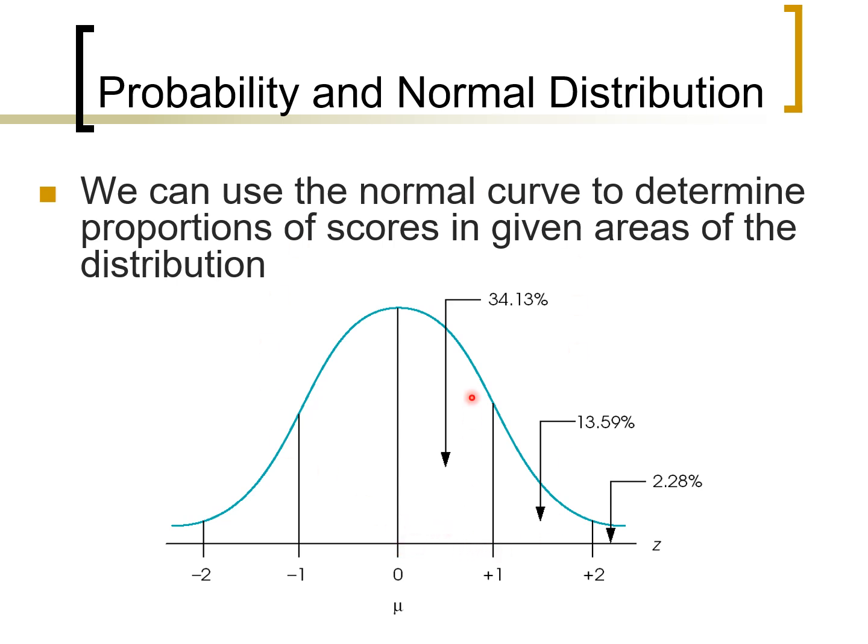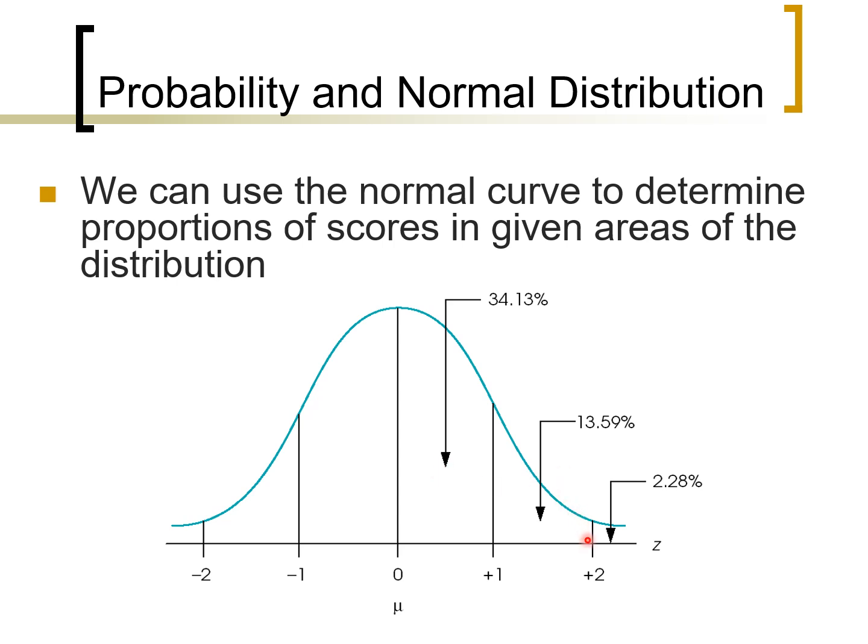Well, we see this chunk between 0 and +1 represents 34% of the scores. So to be more specific, there's a 34% chance of drawing someone with a z-score of 0 to +1 from this population.